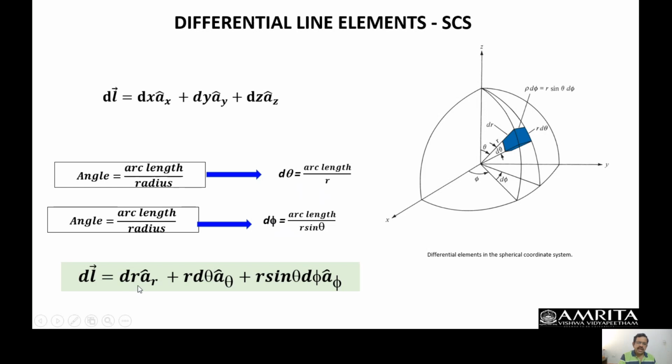The radial one is a linear parameter, so straight away it is dr, the infinitesimal movement along the radial direction. In the case of theta it is going to be r d theta. In the case of phi it is the projected vector that comes into play, that is r sin theta multiplied by the infinitesimal angular movement d phi. So this is how we get it.